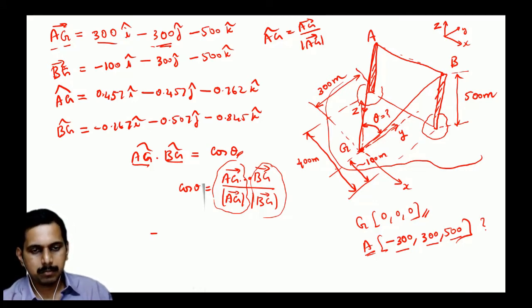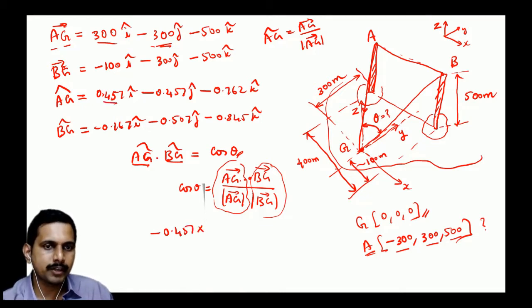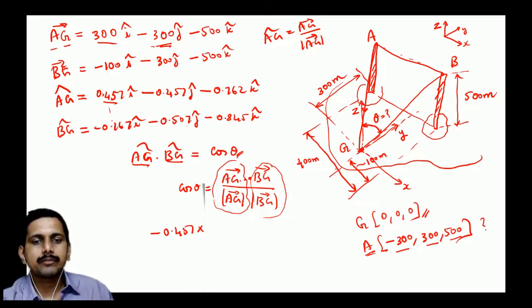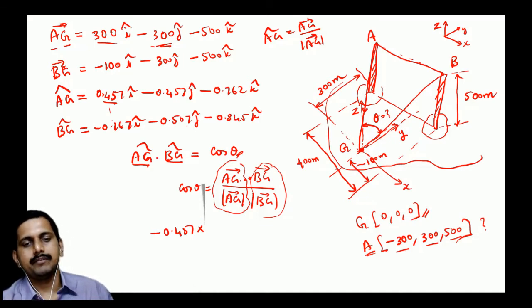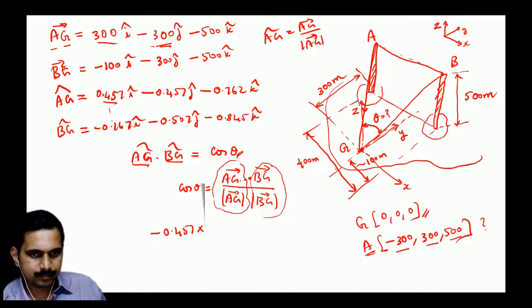It is 0.457 into minus 0.167 plus minus 0.457 into minus 0.507 plus minus 0.762 into minus 0.845. Tell me what is cos theta. That would be cos theta. Tell me what is the value of cos theta.